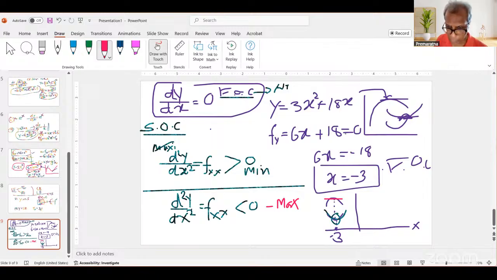Now look at the equation I gave you right now. This is the first order differentiation.